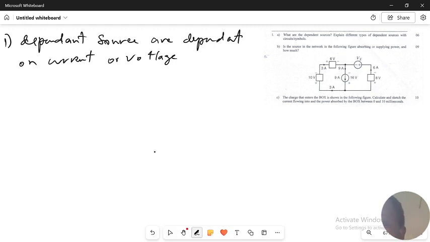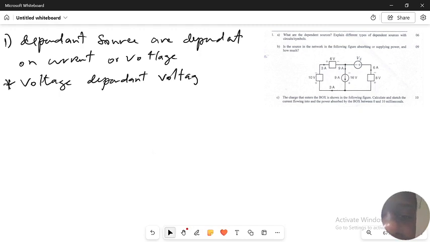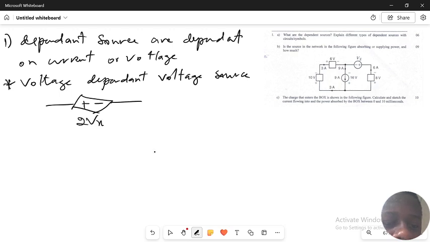Now, different types. We have the voltage-dependent voltage source, which means the voltage depends on a voltage. I know the plus and minus symbol, but now it's going to depend on another voltage, V0 or Vx.